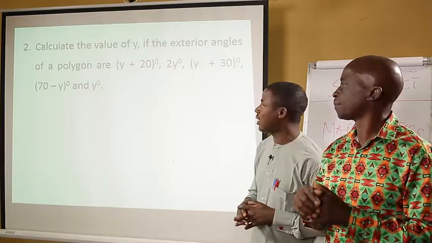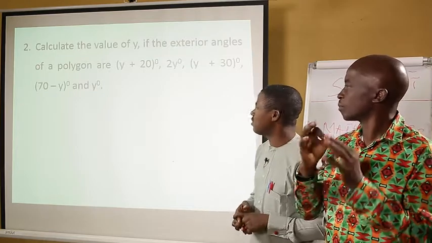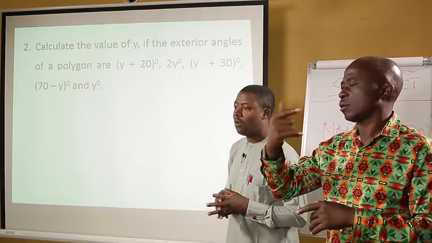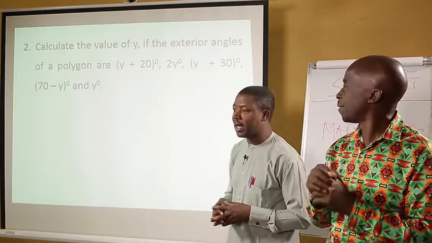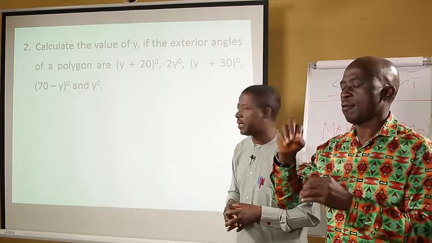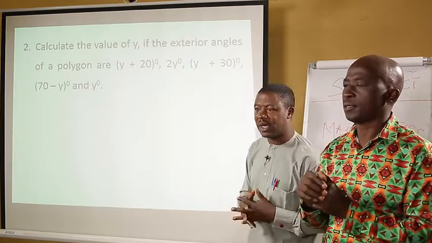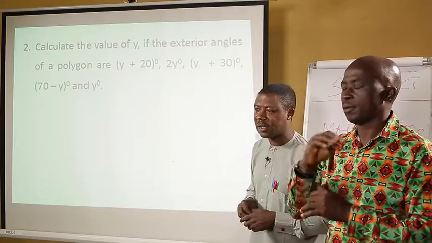The question again: calculate the value of y if the exterior angles of a polygon are (y + 20) degrees, 2y degrees, (y + 30) degrees, (70 - y) degrees, and then y degrees.